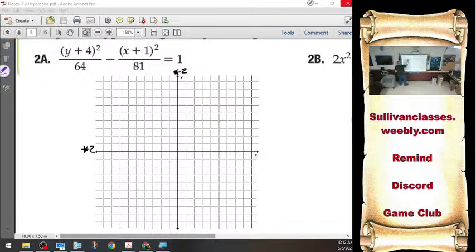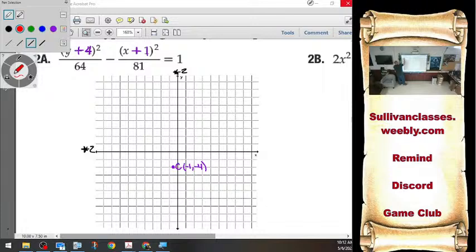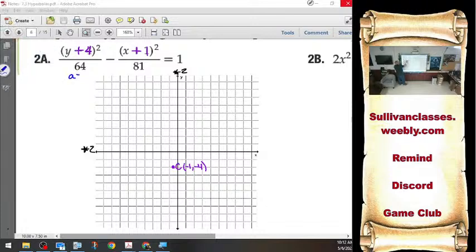I've got H, K, -1, -4. A is 8, and it's with the Y term, so it opens vertically.